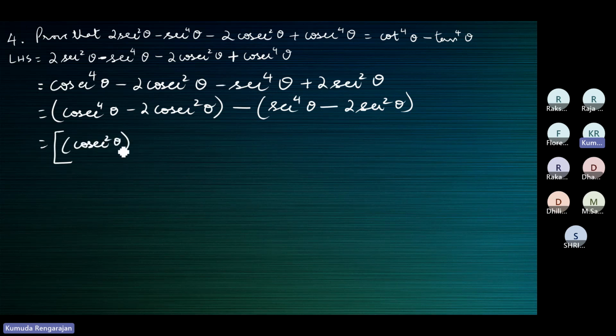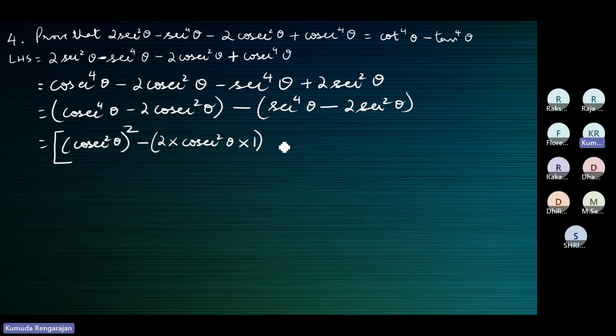Cosecant square theta is A, so A square is cosecant theta to the power 4, minus 2 into A, that is cosecant square theta, into B. The middle term is 2 cosecant square theta, so B has to be 1. The B term has to be 1. That's why into 1.